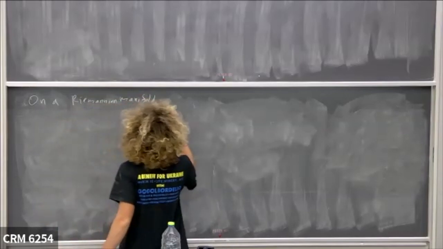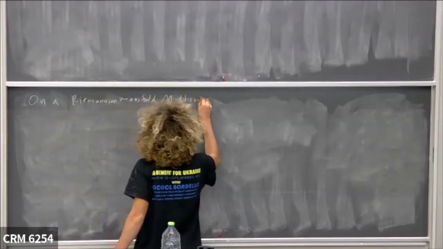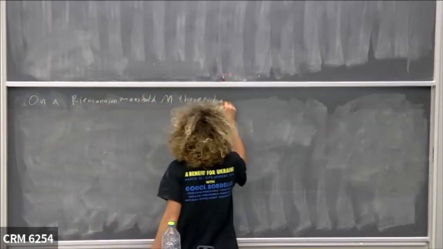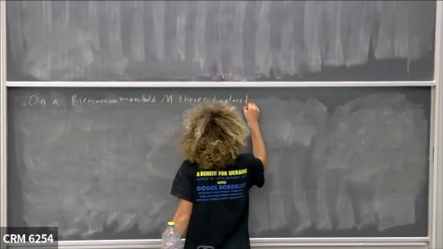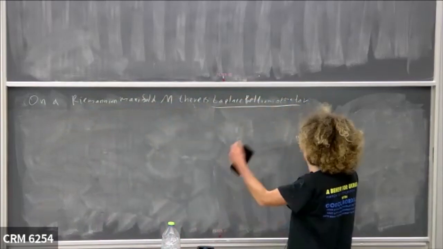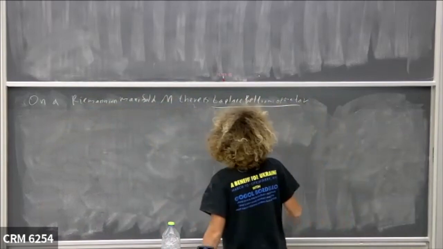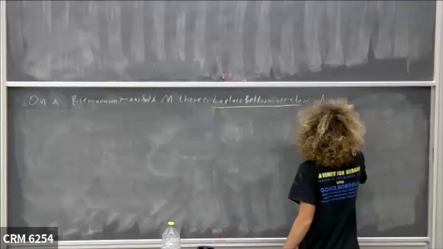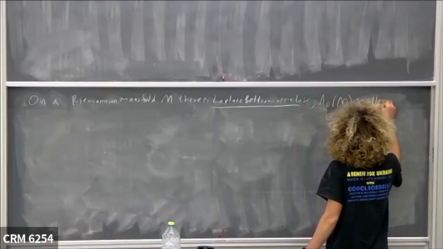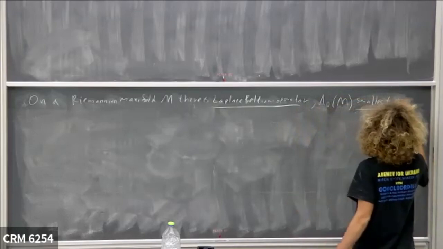So on a Riemannian manifold M, there is something called the Laplace-Beltrami operator, and it has eigenvalues, and in particular, it has a smallest eigenvalue.